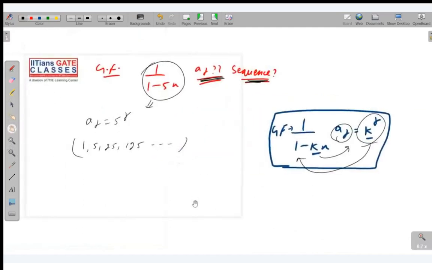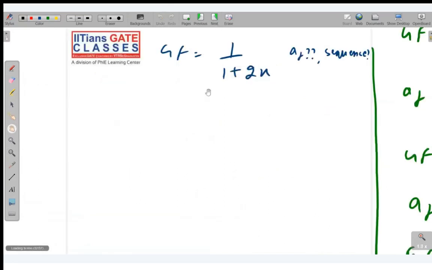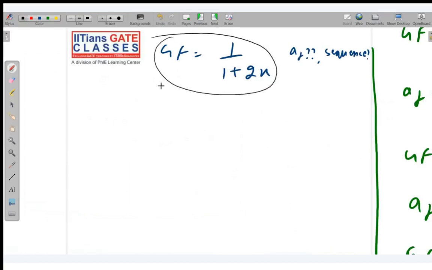Now take a snapshot. I will jump to the next slide. So next, the generating function is 1 upon 1 plus 2x. What is a_r and what is the sequence? Can anybody guess the answer? Minus 2 power r, very good. So a_r will be minus 2 power r. How have we got it? Sigma r equals 0 to infinity x power r is 1 upon 1 minus x; we already know this.